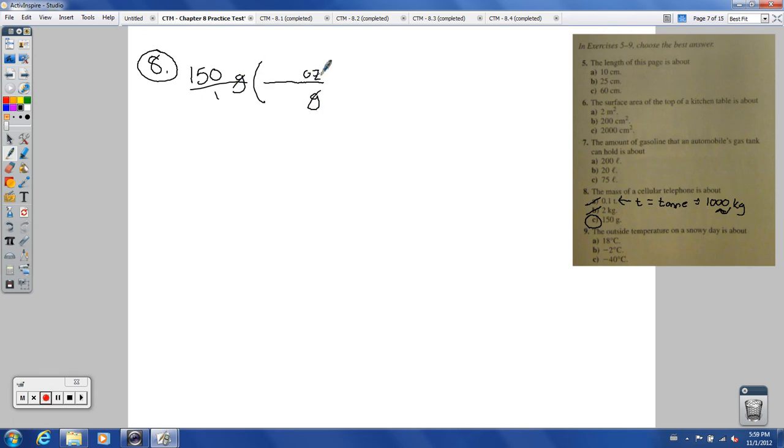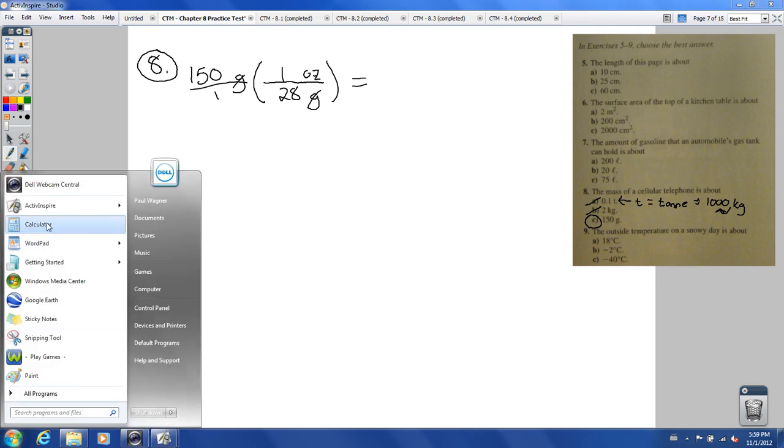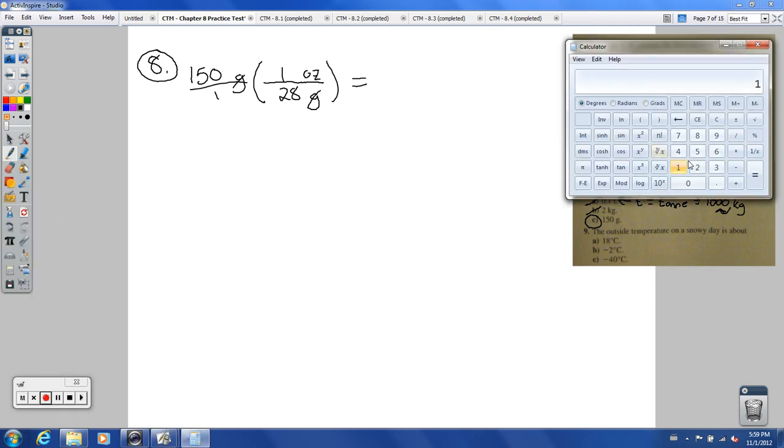Ounces will go up here, and 28 grams, the same as about 1 ounce. We work this out. 150 divided by 28 ends up being about 5.36 ounces, somewhere in that range.